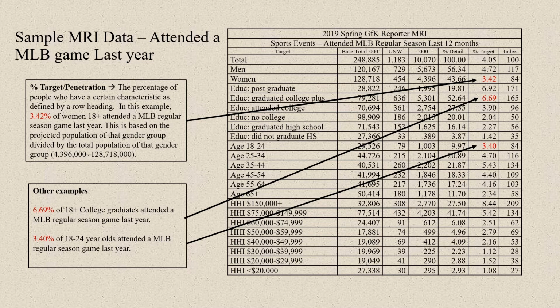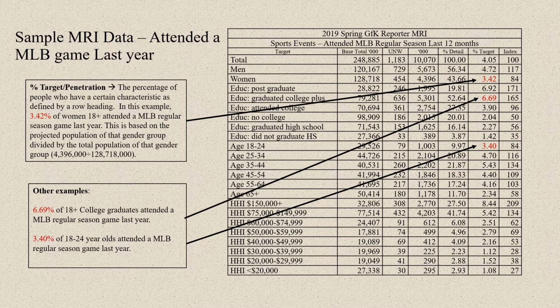This calculation is done by dividing the total number in that zeros column, the 4,396,000, by the total number of women in the population, 128,718. So that's how you get that 3.42%. So that tells us what percentage of women we've attracted to go to a baseball game.